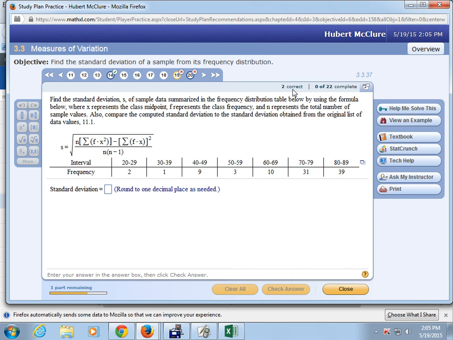If you process it step by step, as I'll show you, you'll be fine. S means standard deviation. What about the mean? Well, the mean is real simple. The mean is the summation of f times x over n. I'll show you how to do that in just a minute.